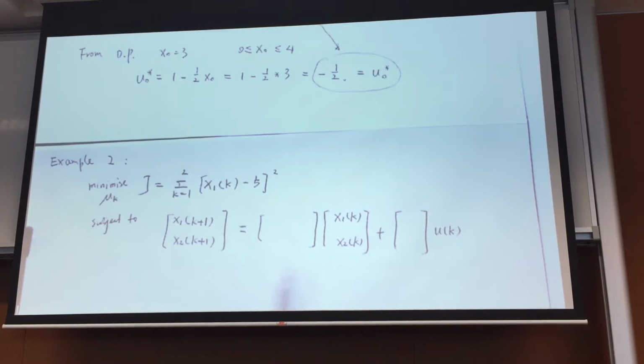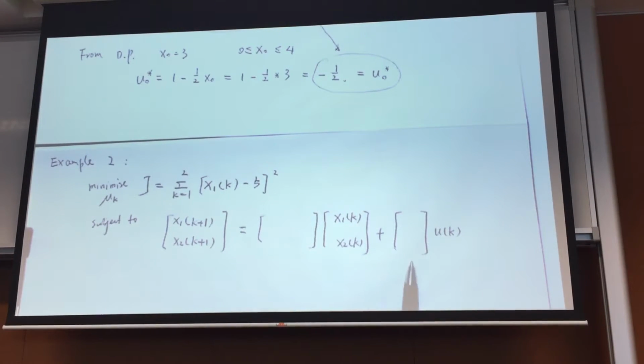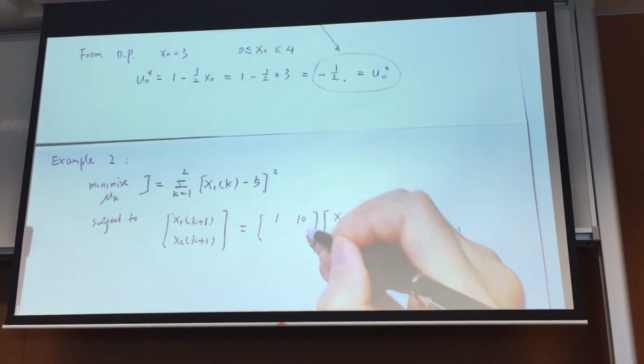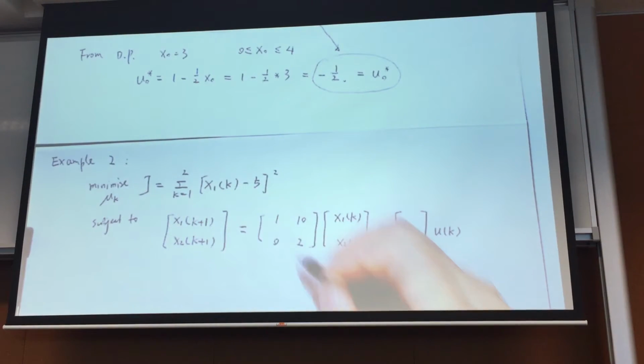Remember in the pendulum problem or in the 1D path planning problem, we have the same standard equation. So the modeling is trying to derive and establish these equations. Assume in this case the matrix is given by 1, 10, 0, 2, and the vector is 0, 1.